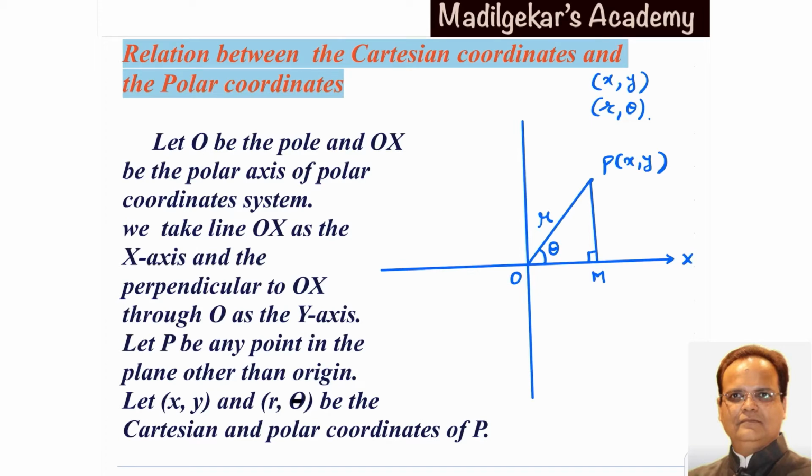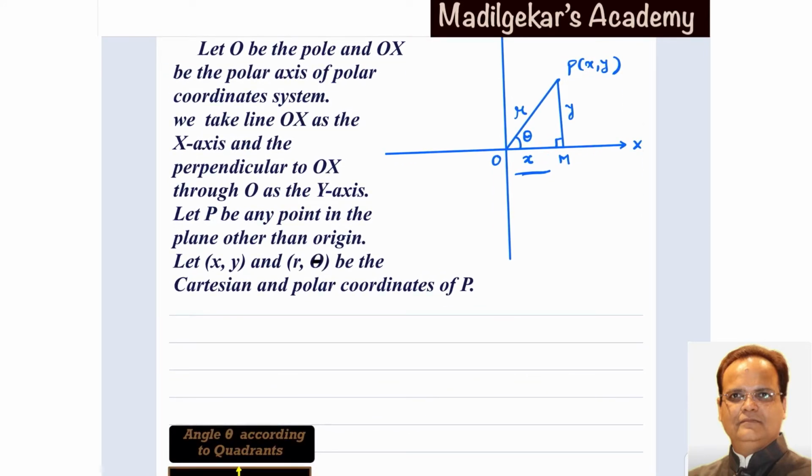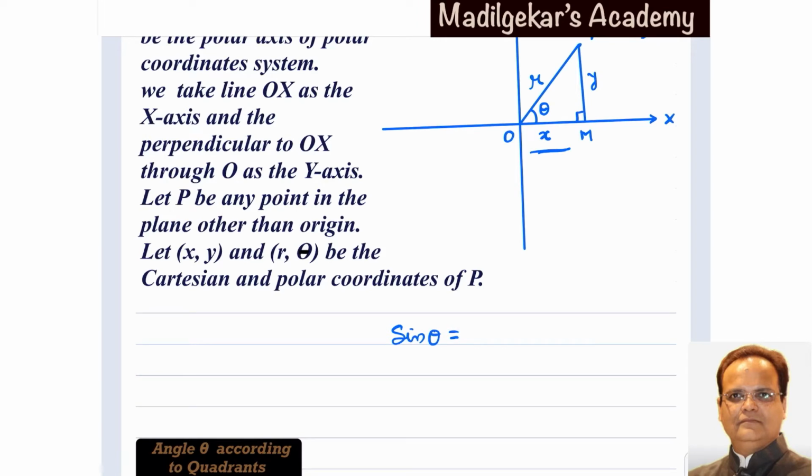What will be the length of OM? Correct, it is x and PM is y. Horizontal distance means x coordinate, vertical distance is y coordinate. Now from this right angle triangle, we can have sine theta and cos theta. What is sine theta? It is y by r, and cos theta will be x by r.